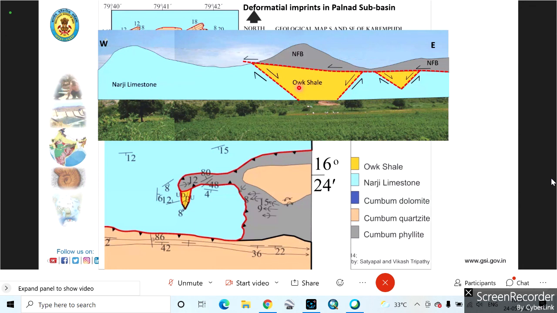These types of structures are very clearly seen mostly in the nala zones. If you are able to identify these types of structures, you will have better control of the tectonics, that there was some sort of extension before the compression, or thrusting of the Nallamalai, happened. Next, please.